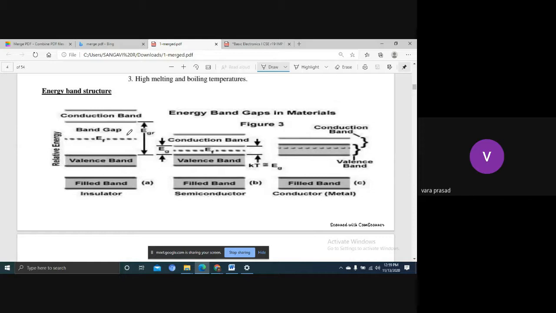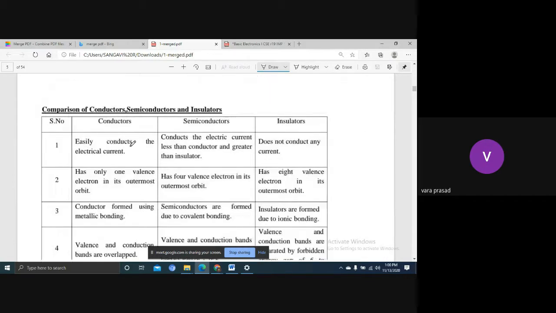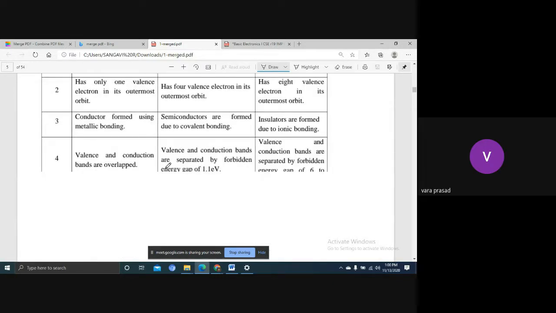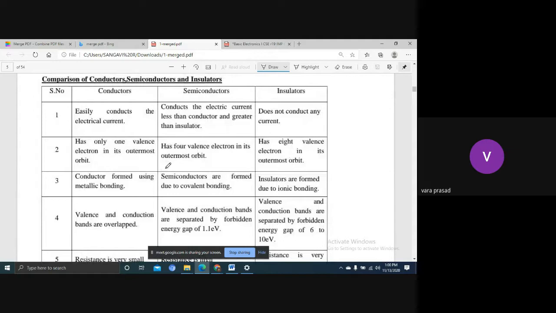For a semiconductor, there is a favorable energy gap, and for a conductor, the bands merge. You already studied these, but the differences between conductor, semiconductor, and insulator, there is a chance of asking questions.